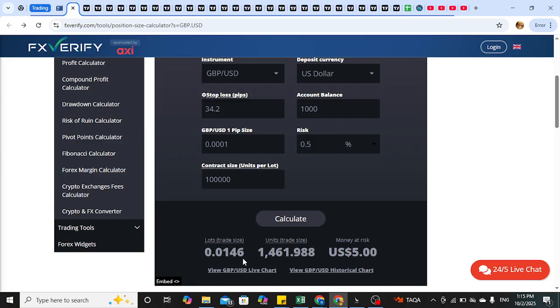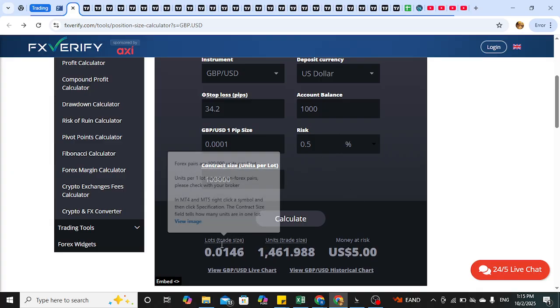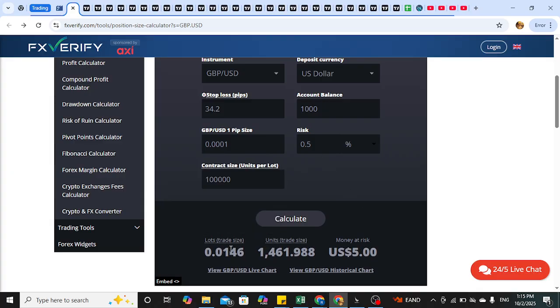So it's 1 micro point something. We cannot go less than 1 micro, so we cannot open on our platform less than 1 micro. So it's either 1 micro and our risk will be less than 0.5%, or move it to 2 micros and we'll see how much we will be risking.